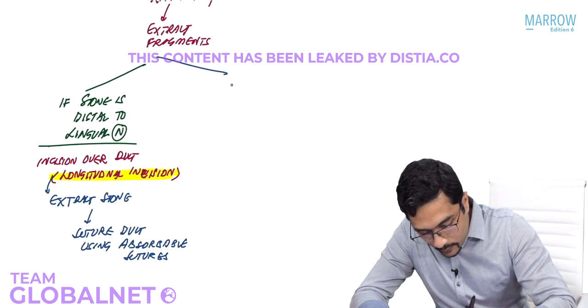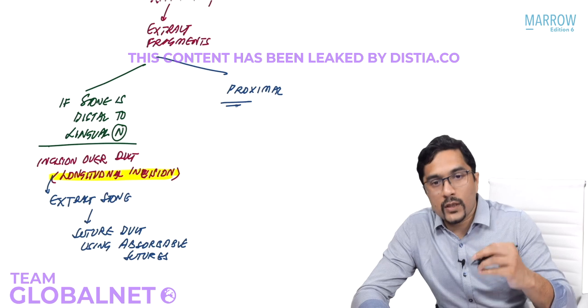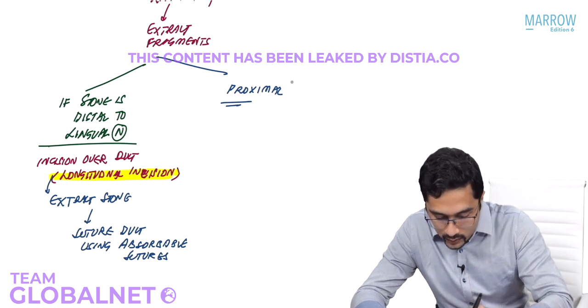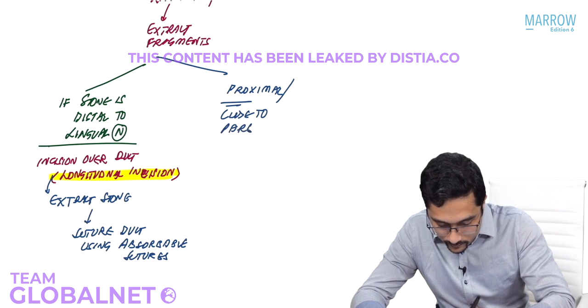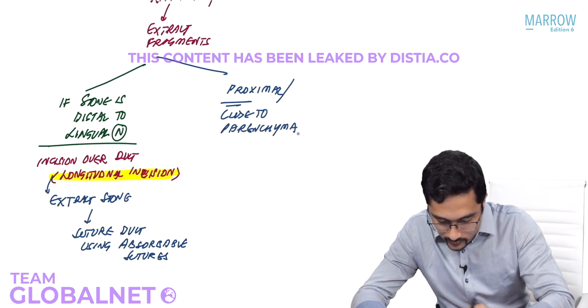Now, if the stone is proximal to the lingual nerve, or close to the gland parenchyma, then you have two approaches.